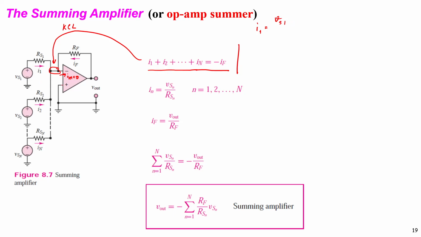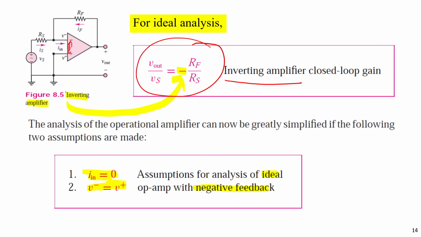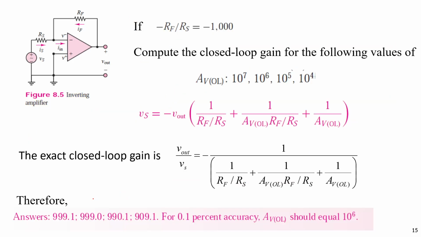With this connection, V positive is zero. Therefore, V negative is also zero, because if V positive is zero, V negative is also zero, with this property.